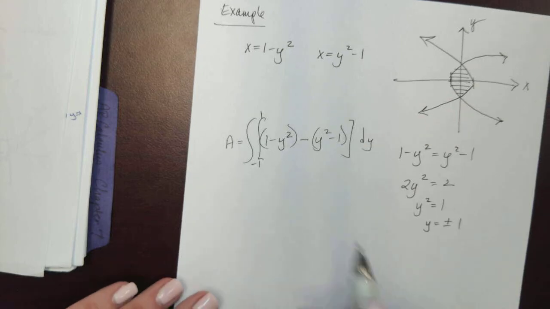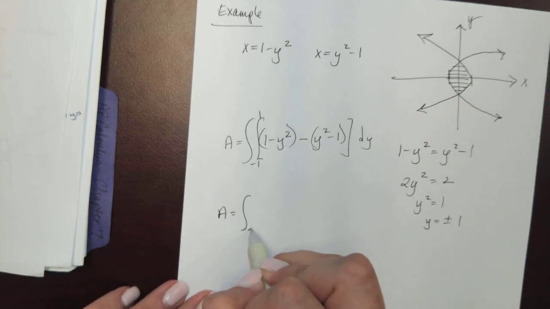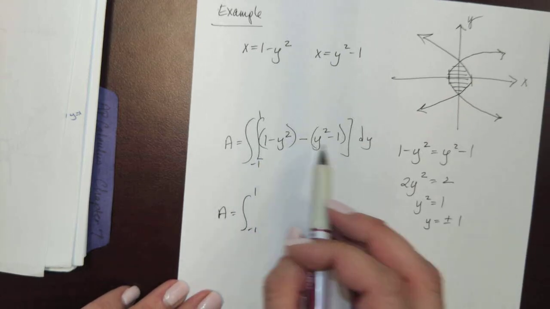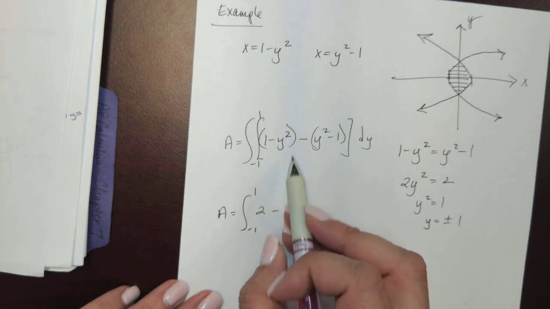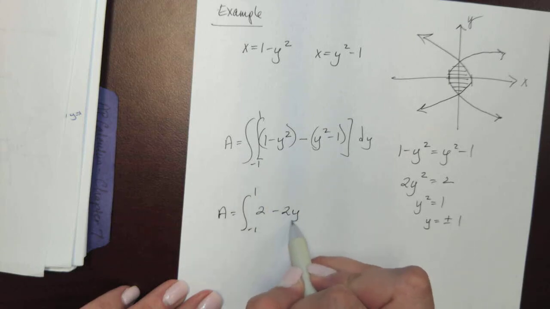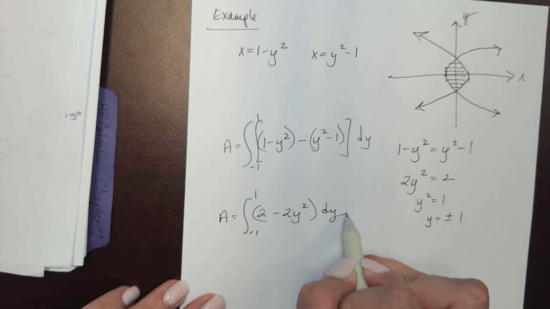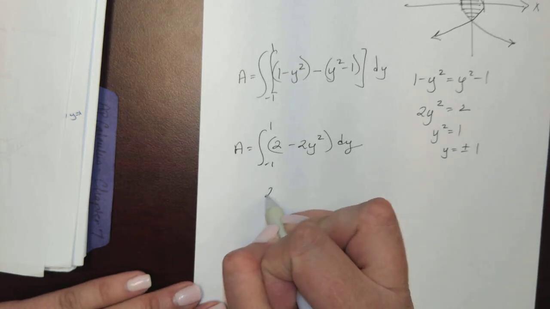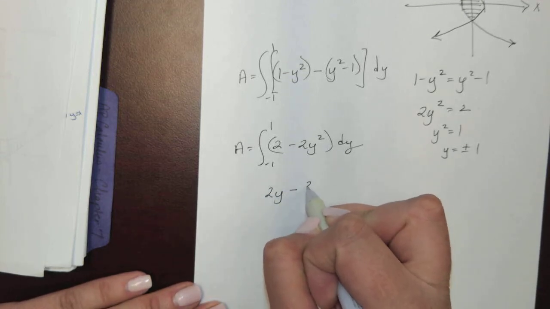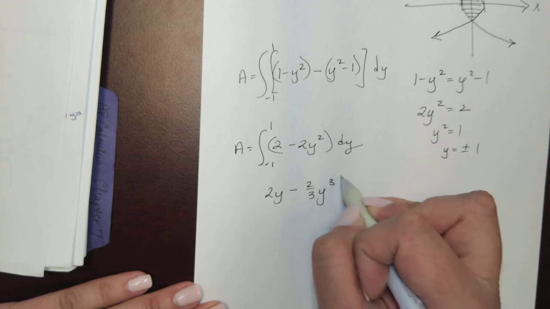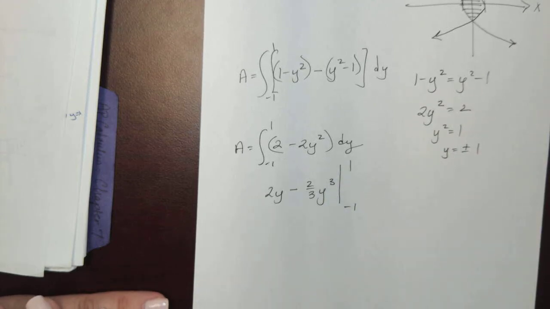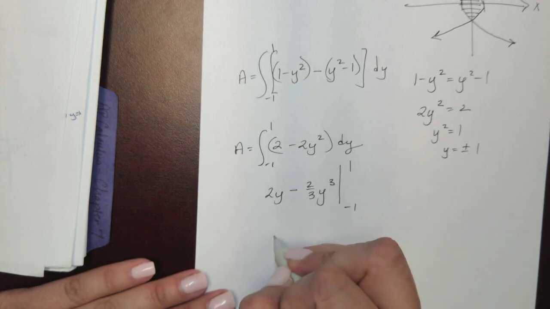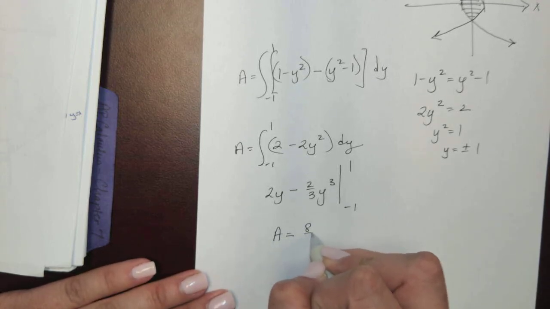I can clean this up first before I integrate: 1 plus 1 is 2, minus 2y squared dy. That's 2y minus 2y cubed over 3, and for sake of time, that equals 8/3.